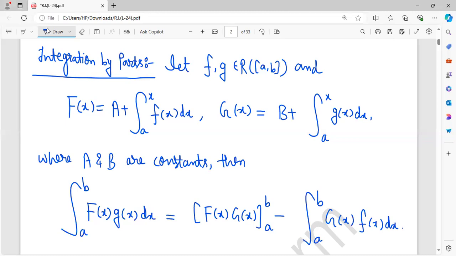If you see, this is integration by parts. We will prove this result. How will we prove this result? Let's see.